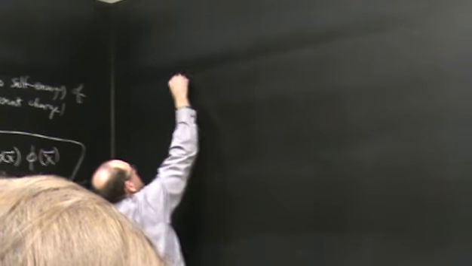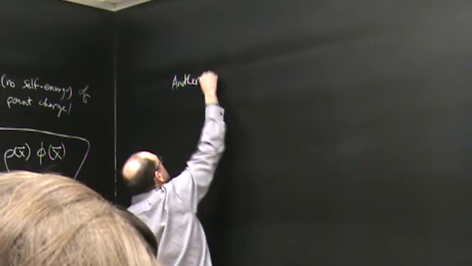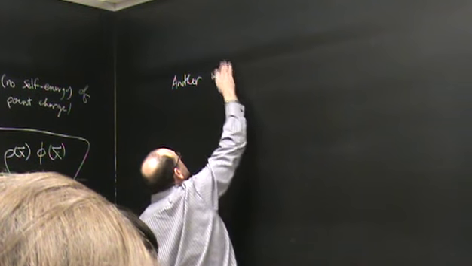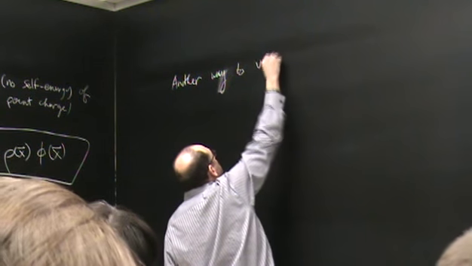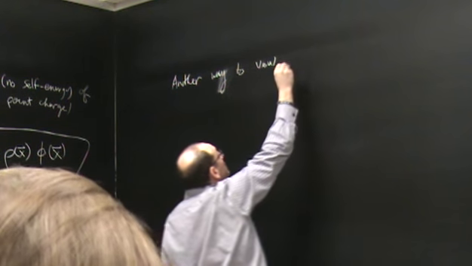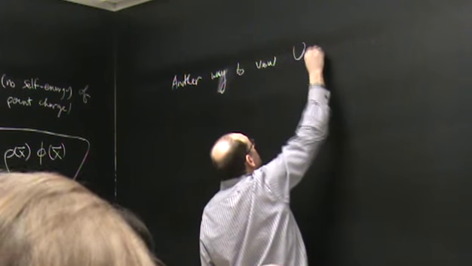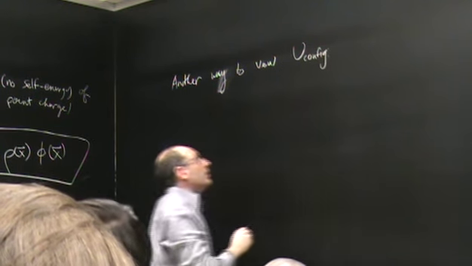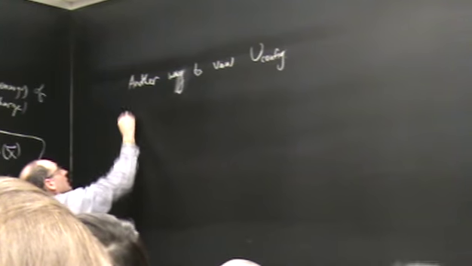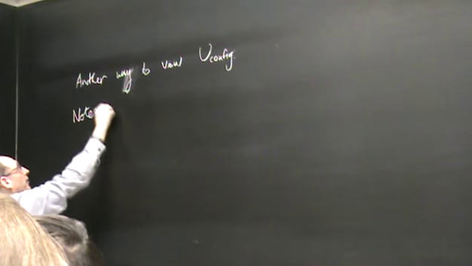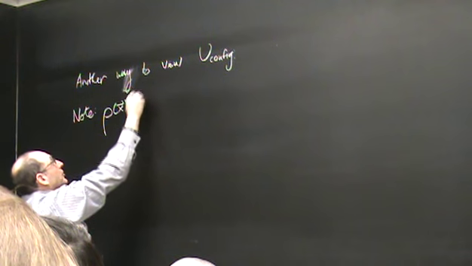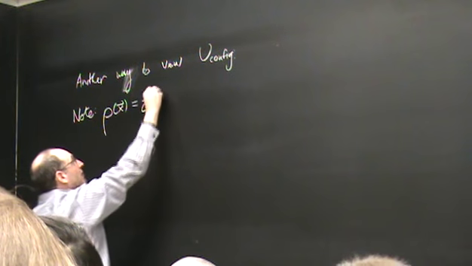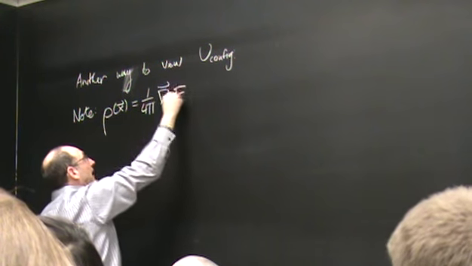So of course, note that rho is equal to 1/4 pi times the divergence of E by Gauss's law.